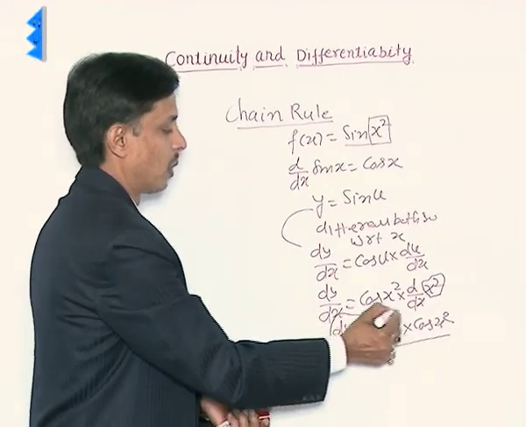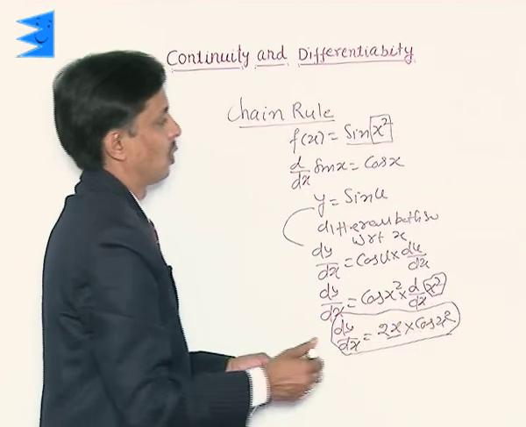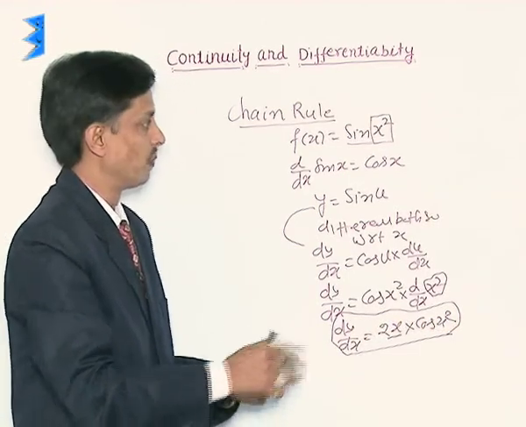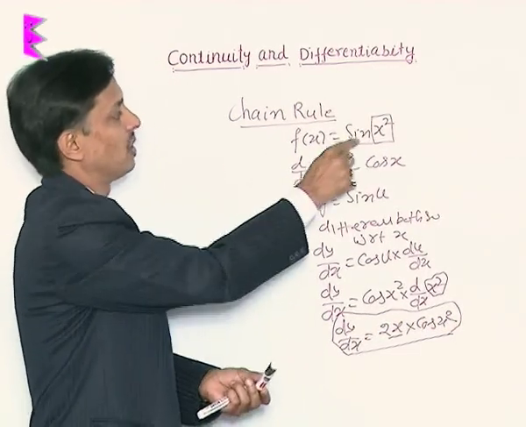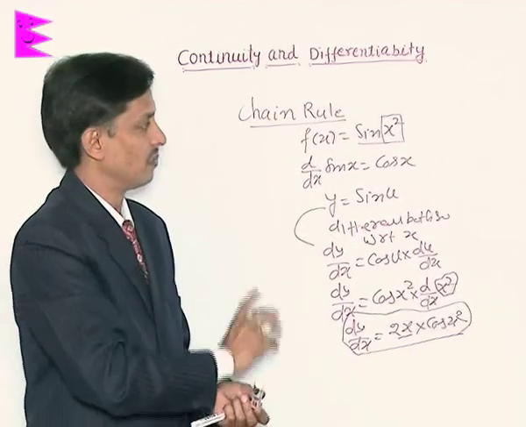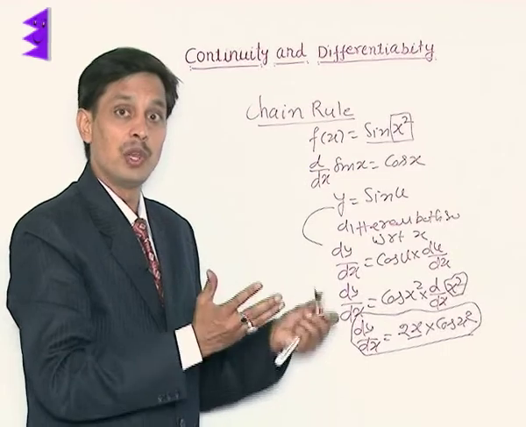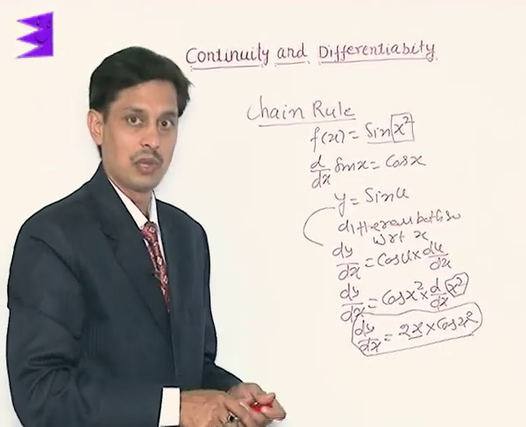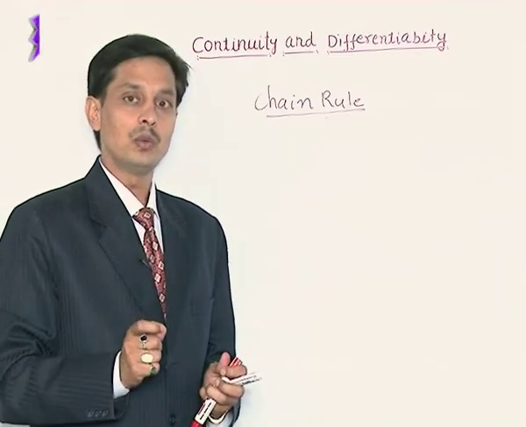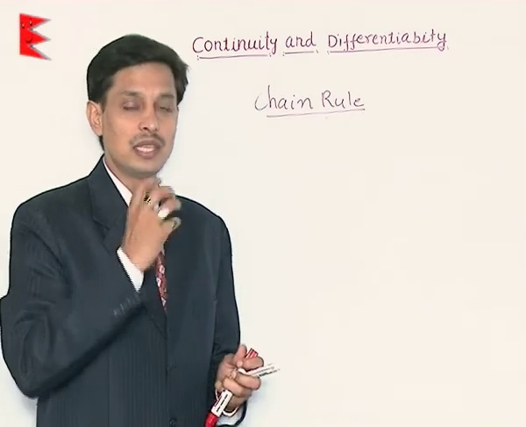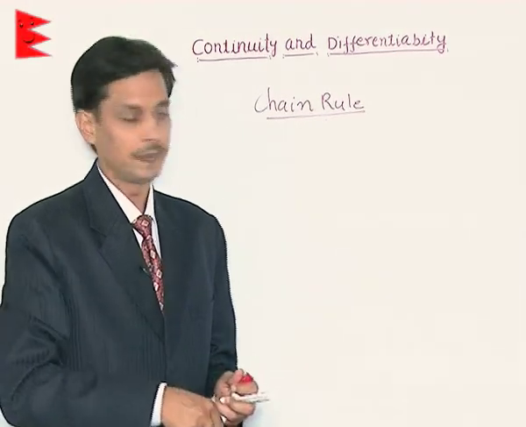So solving a problem with a continuous process is the chain rule, which I explained you with the help of one example. This chain can be longer, which I will explain in the next example. Now I want to explain how the chain rule is applicable in a longer chain.